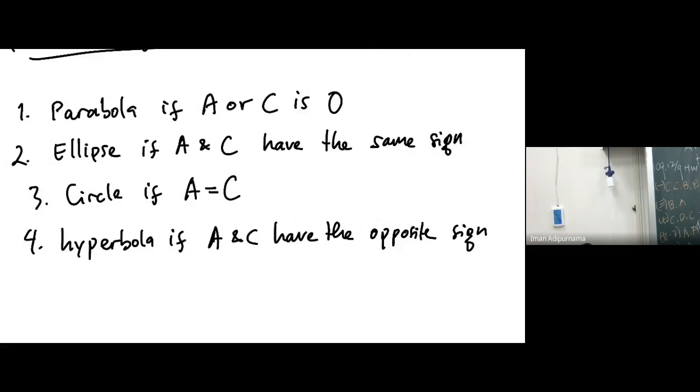And for a hyperbola, it's x squared minus, or y squared minus, depending on the formula. But A and C should have opposite signs, positive and negative, or negative and positive. I think this is intuitively correct if you imagine the formulas of all the conic sections.